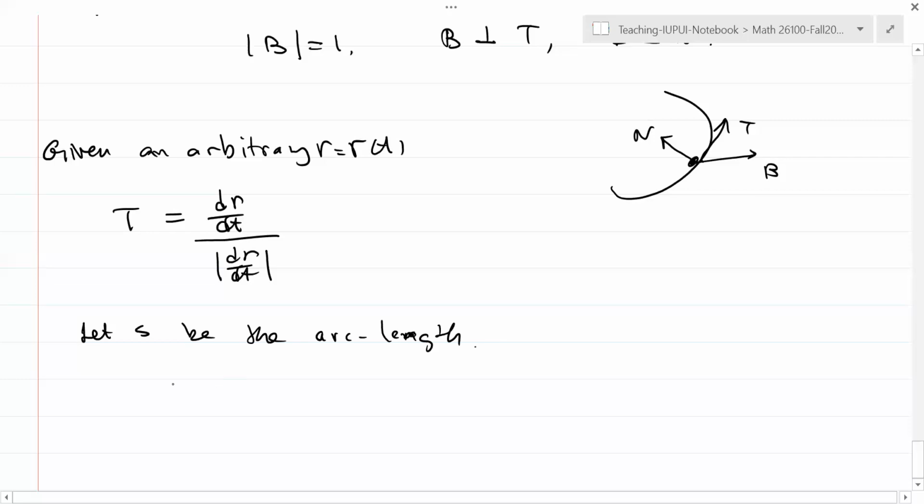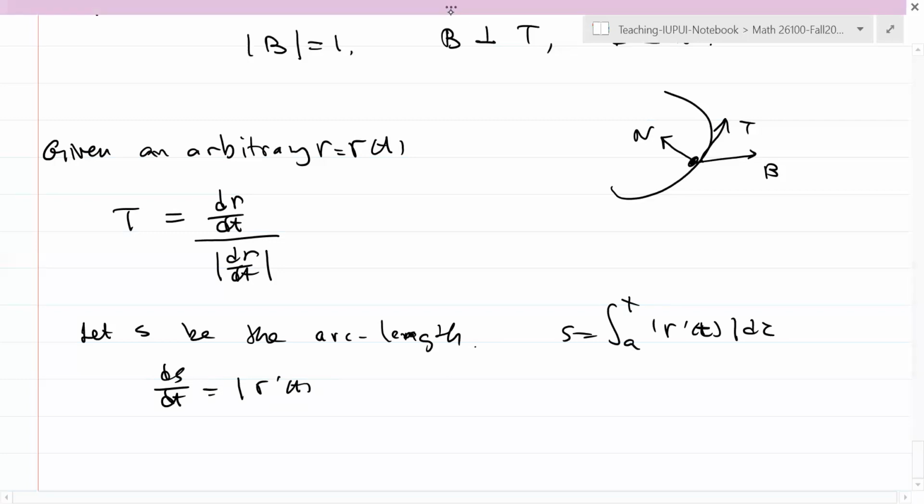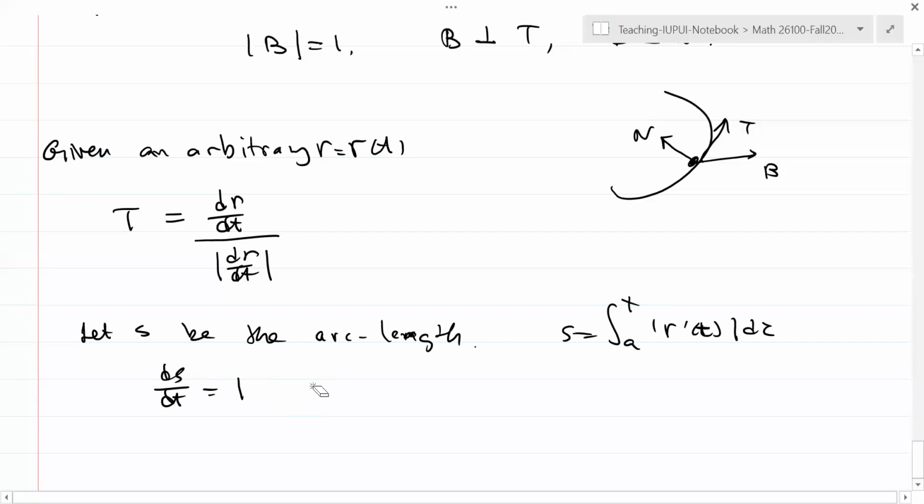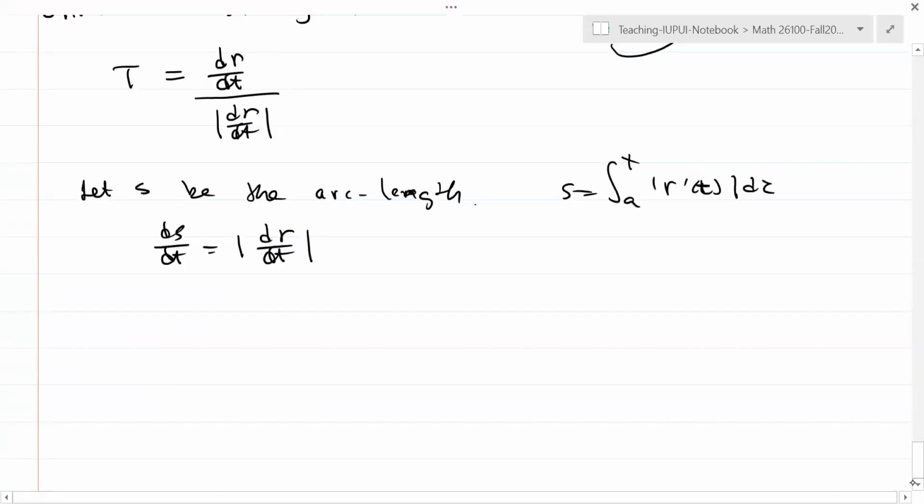So s is going to be the integral from a to t of the length of dr/dt, so at least we have ds/dt equals this.